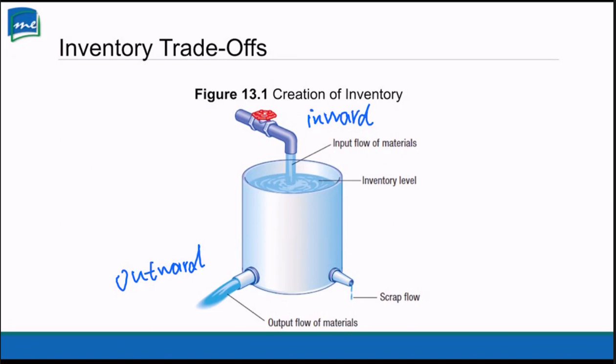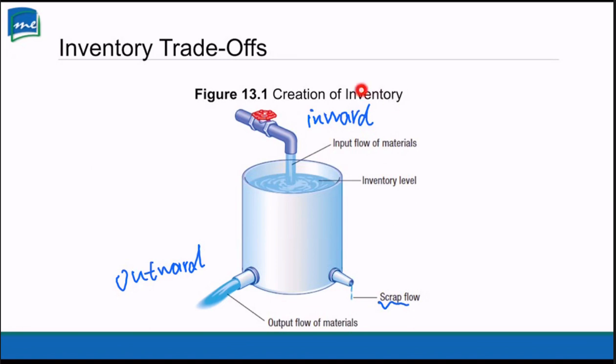And another possible outward flow is scrap. This is what we discussed when we mentioned lean manufacturing. This is also a possible way to lower the inventory level.